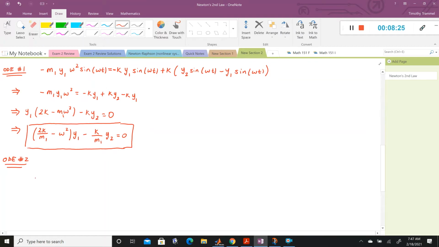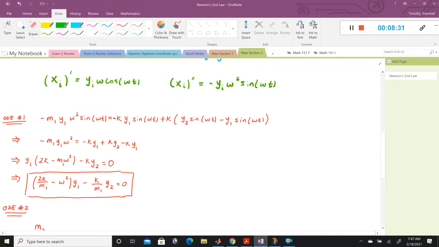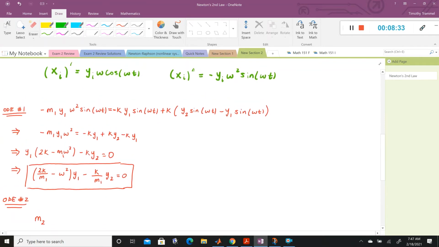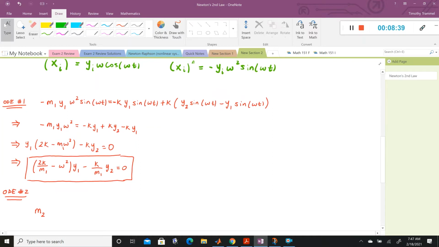Go ahead and write that, m2, and our second derivative, remember, looks like minus y2 omega squared sine of omega t, and we're just not going to write the sine of omega t. So minus, I'm going to write it right here. If I multiply this m2 by minus y1 omega squared, that's taking care of the left-hand side of our ODE.